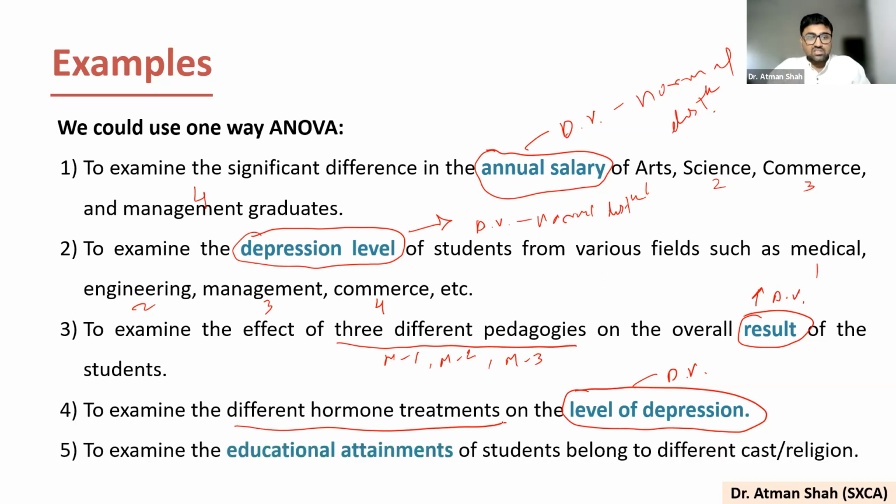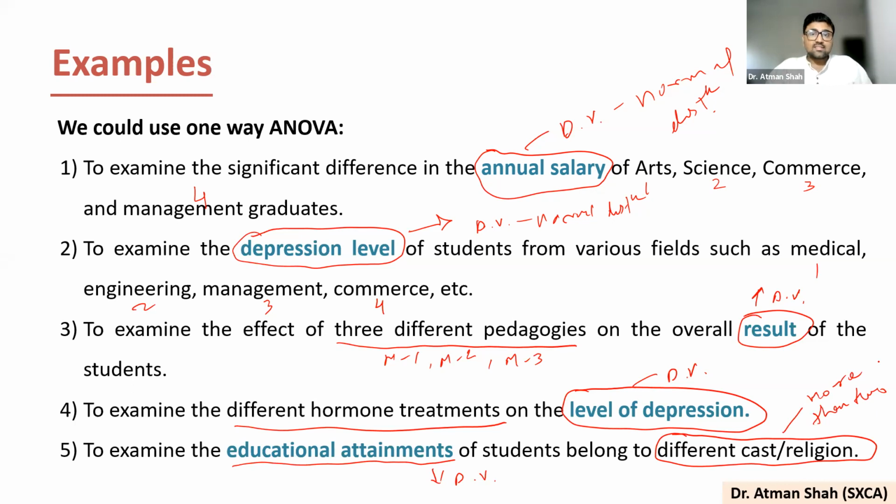Fifth, to examine the educational attainments of students belonging to different caste and religion. So educational attainments is our dependent variable. Right? And different caste and religion, so we have more than 2 groups here. You can take open category, EWS, OBC, SC, ST, or in religion, Hindu, Christian, Muslim, Parsi, and check whether you have any statistical significant difference or not.